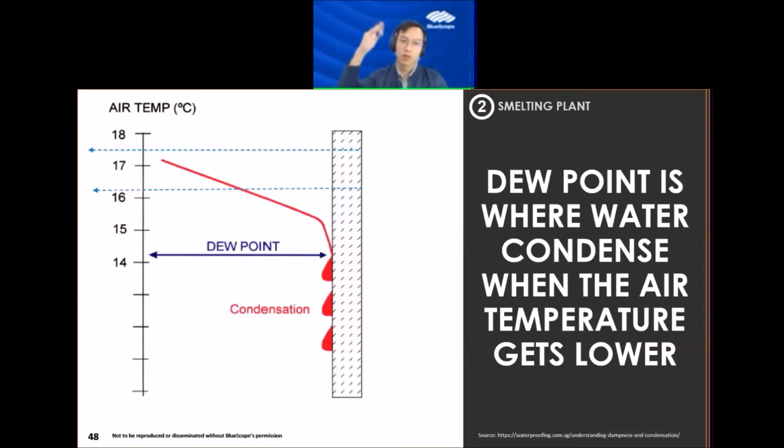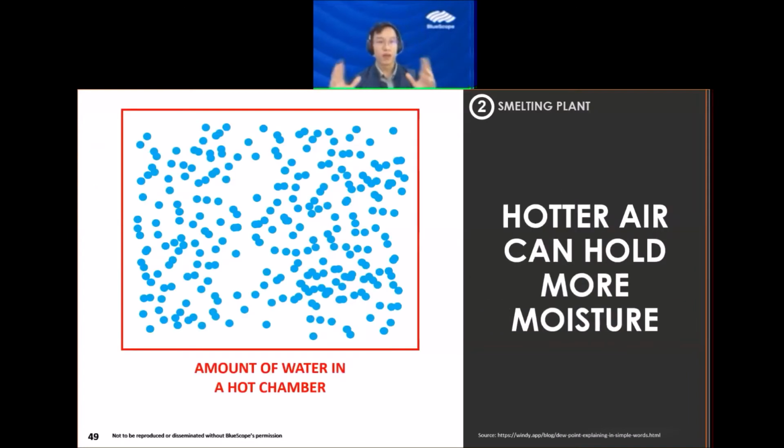So when the temperature of the air starts reducing, then it will start condensing, right? Why is this? Let's say you have a chamber with hot air inside, perhaps like a boiler, so you heat it up until all the water becomes steam. This is the amount of water the air can carry.